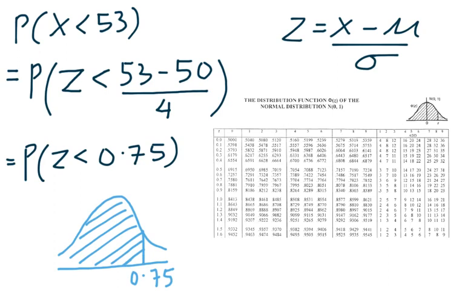So 0.75 is here, meaning that our probability is 0.7734. So that is our answer: the probability of X less than 53 is 0.7734.